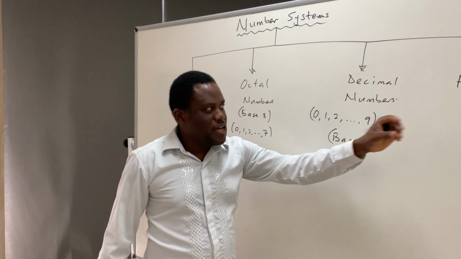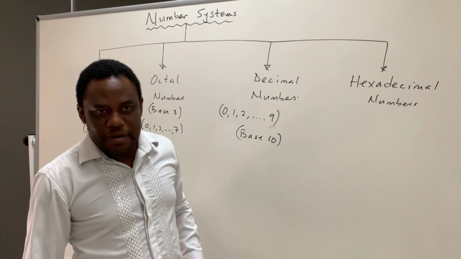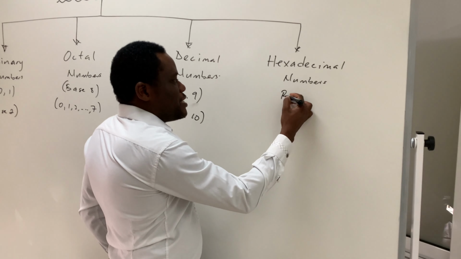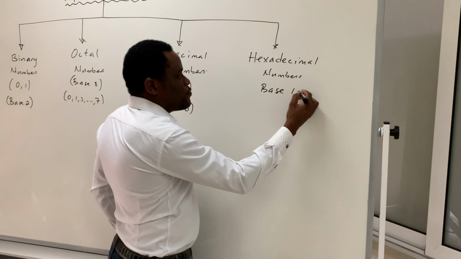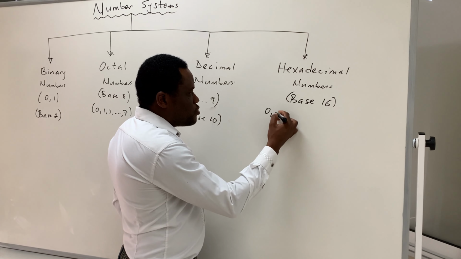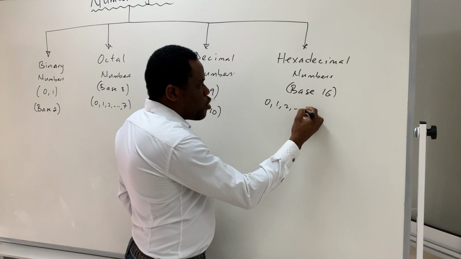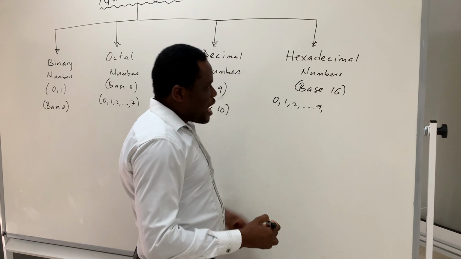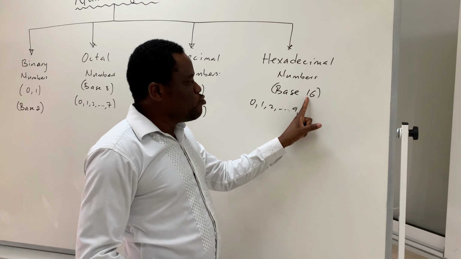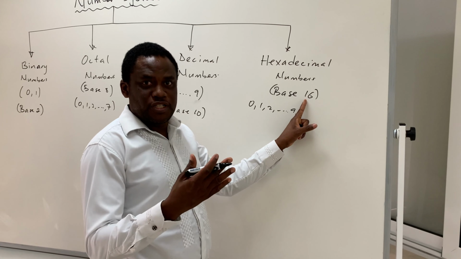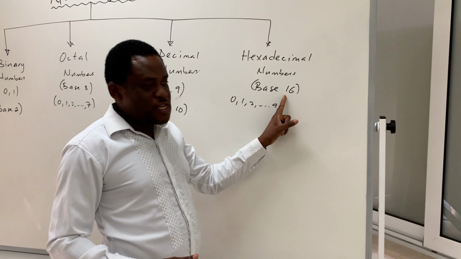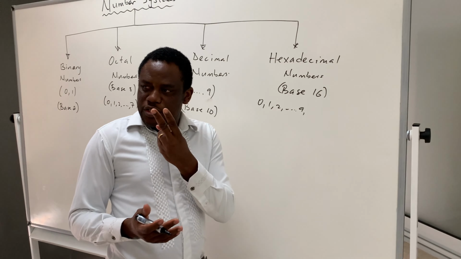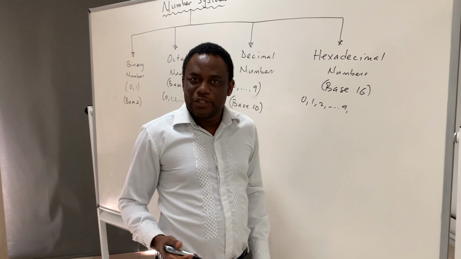And then hexadecimal. Hexadecimal is another word for base 16, which consists of 0, 1, 2, up to 9. And now we have 10. We need to have numbers up to 15, so instead of having 15 in 2 digits, we use letters to represent them.